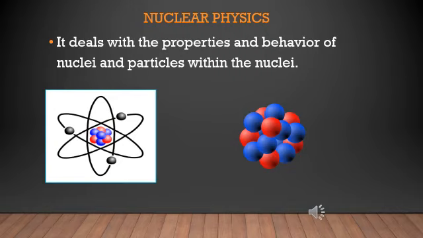Properties means how many protons and neutrons exist in different kinds of nuclei of atoms, and how many electrons there are. So in these we discuss the structure of the nuclei in atoms.